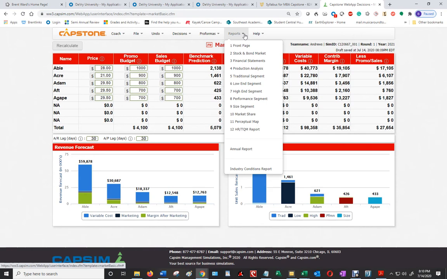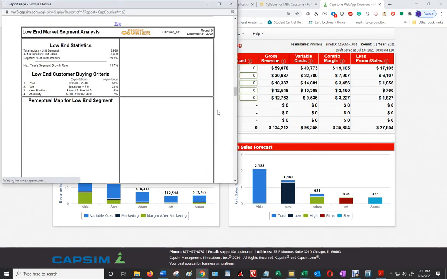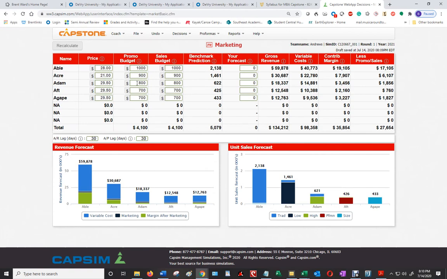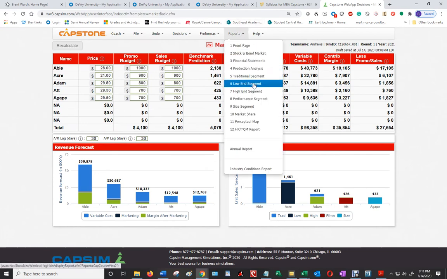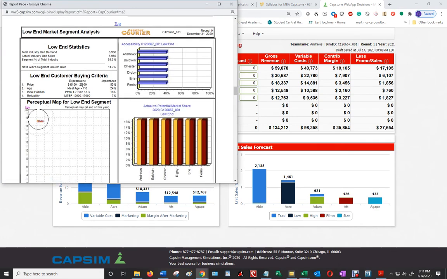And then I'm going to go into the reports, and I'm going to go into the low tech segment. Okay, $15 to $25 is the acceptable range last time for the low tech. Let me just verify that again. Low tech, 15 to 25.